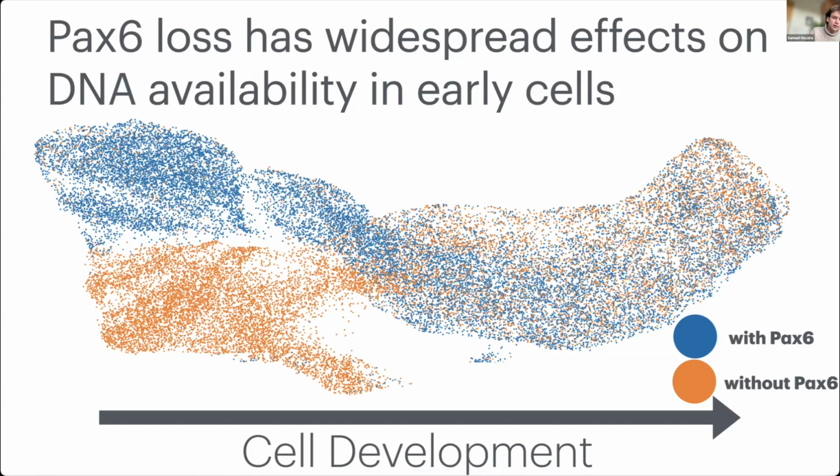And what is new here is that it looks like PAX6 changes the availability of a cell. Not only does PAX6 bind to DNA itself to promote genes or suppress other genes, but it also makes the genome less or more differently available so that other transcription factors might have a bigger effect on our cell development.